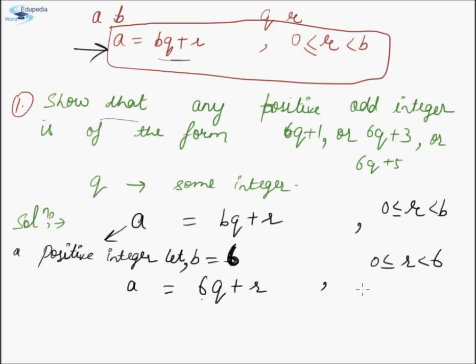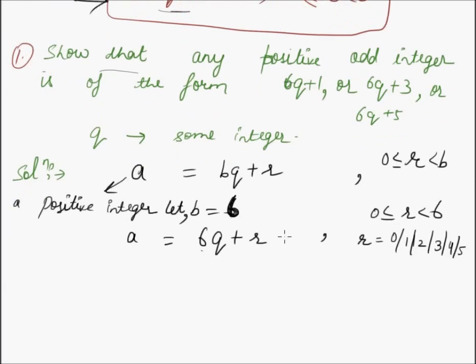Thus the different values of r are 0, 1, 2, 3, 4 and 5, but it cannot be 6. So let us name this equation as 1 and put different values of r in this equation.